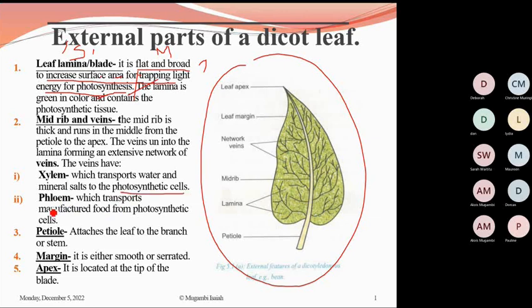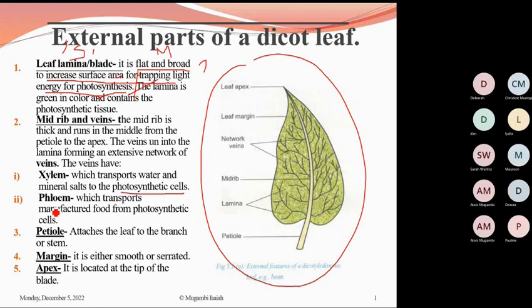And then we have the phloem that will translocate manufactured food. The right word to use when you're stating the function of phloem is translocation, whereby food is translocated or transported from the leaves to the rest of the plant body.